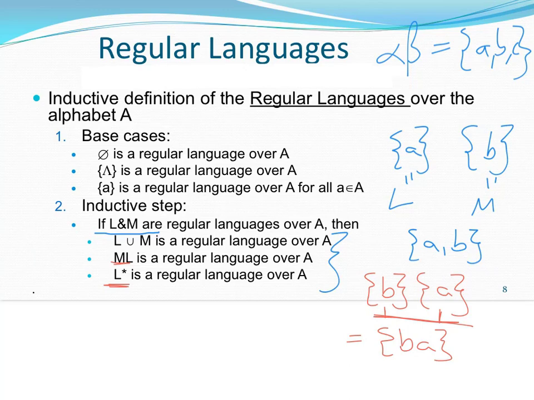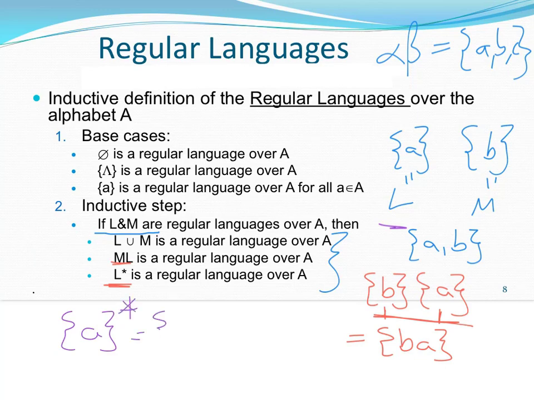Now, this is interesting because this tells us that we can have languages that are infinitely large. So, for example, if we just change color one more time, we know that {A} is a regular language, right? And this last rule here tells us that if we have a regular language, we can also star it, right?